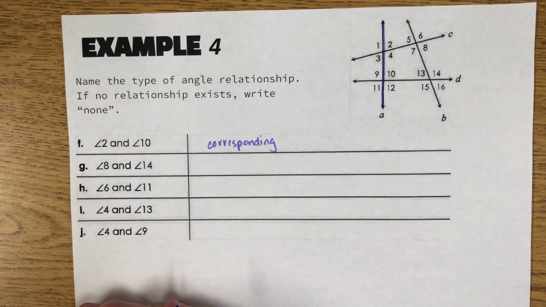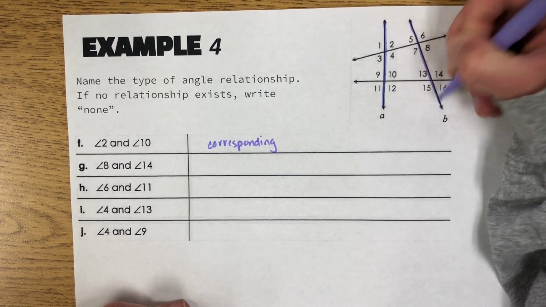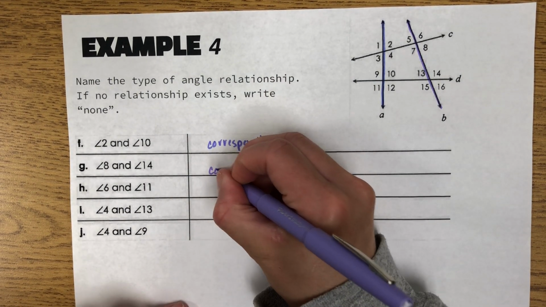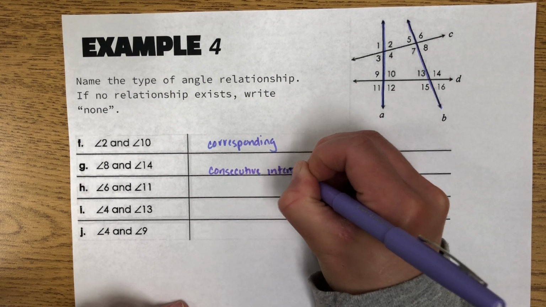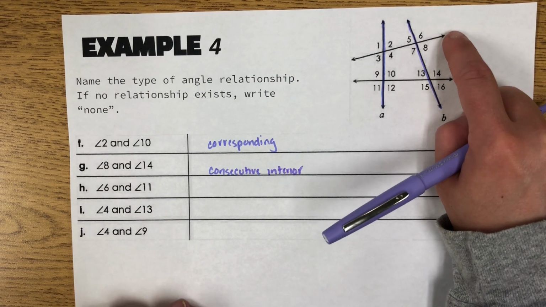On G, 8 and 14, so let's identify 8 and 14 using this as our transversal. 8 and 14, that's consecutive interior. 6 and 11, if you'll notice, they're far apart.